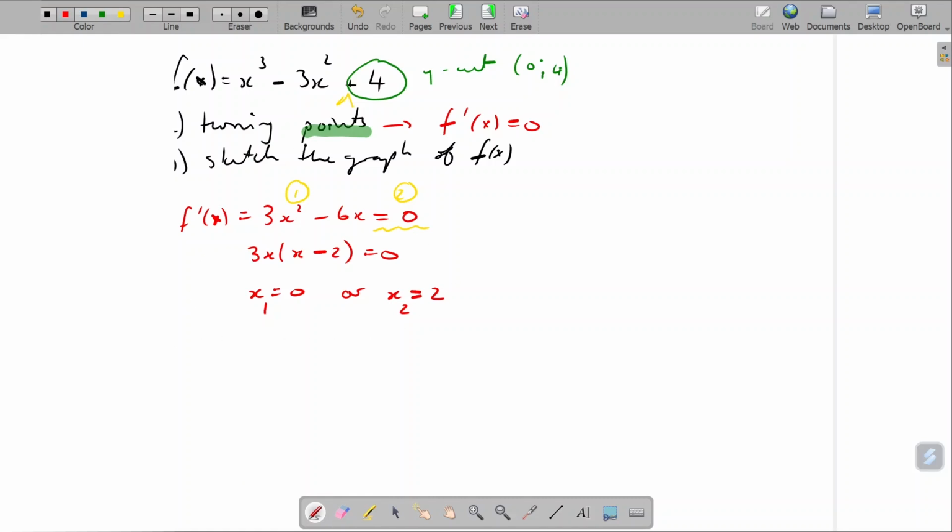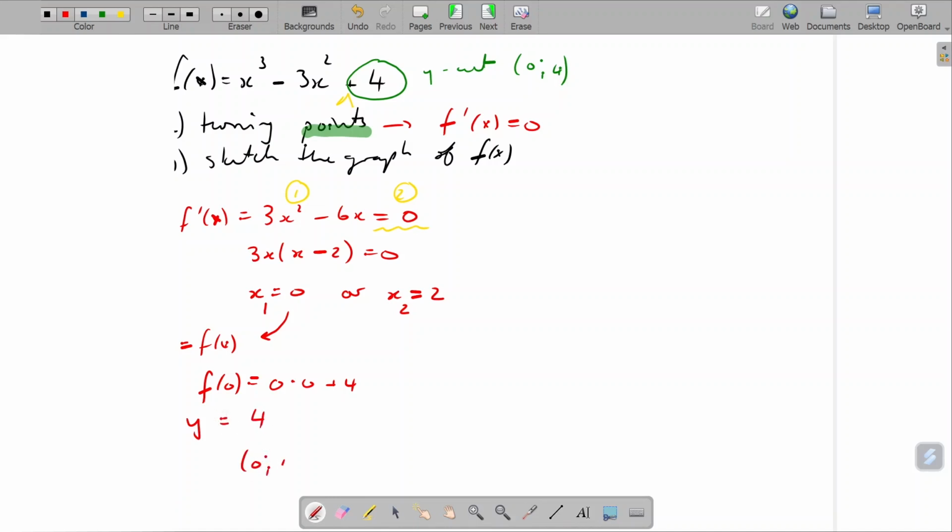We know that y equals f of x, which means I'm going to plug this 0 value in. So if I had f of 0, if I put 0 in, I would get 0 minus 0 plus 4. So I would know that my y value here is 4.